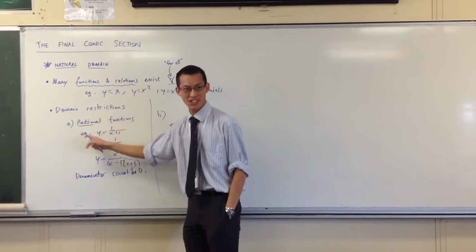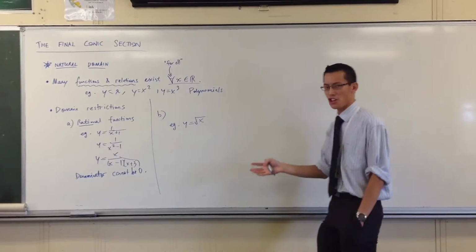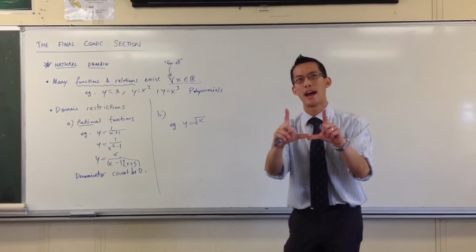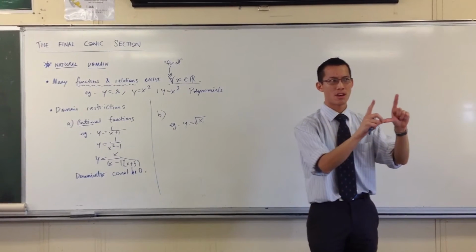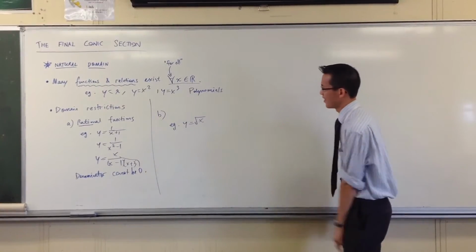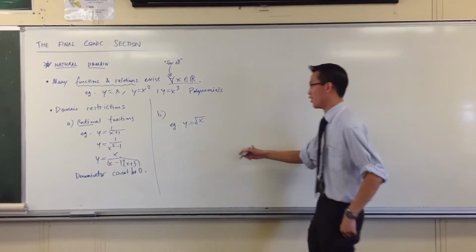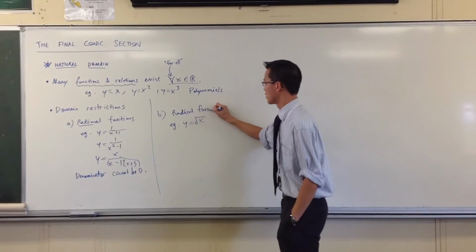We have an adjective for these. Surd is also a noun, and its adjective is surdic, which is a terrible name. What these are really called, get this, are radical functions.